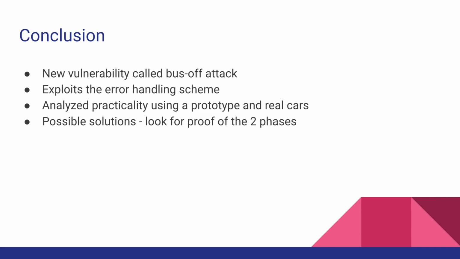This vulnerability exploits the error handling scheme that is built into the CAN bus protocol, especially since the retry functionality is there to help frames get passed correctly, and it exploits that very scheme.